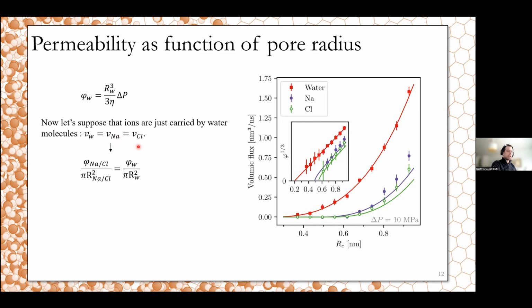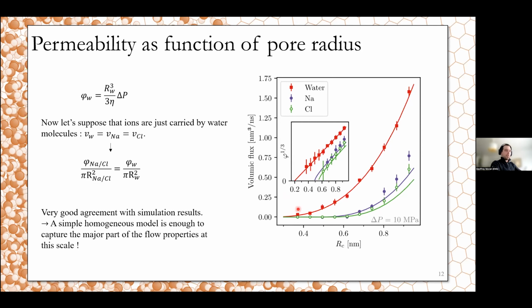So the speed of the ion will be just equal to the speed of the water molecule. And we can rewrite this relation in terms of volumic flow. But when we do that, we have to take into account the fact that the cross-section area accessible by the ions is not the same as that of the water molecules, since their depletion length is not the same.